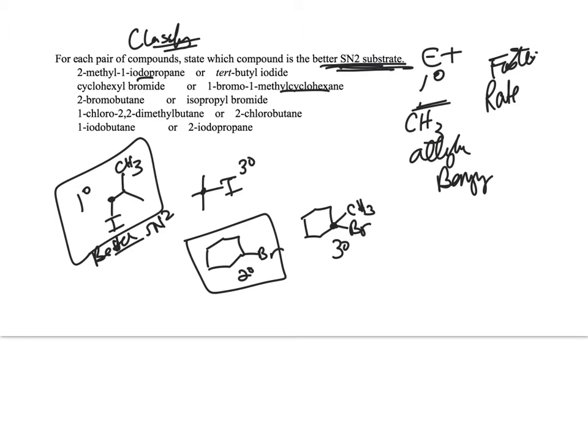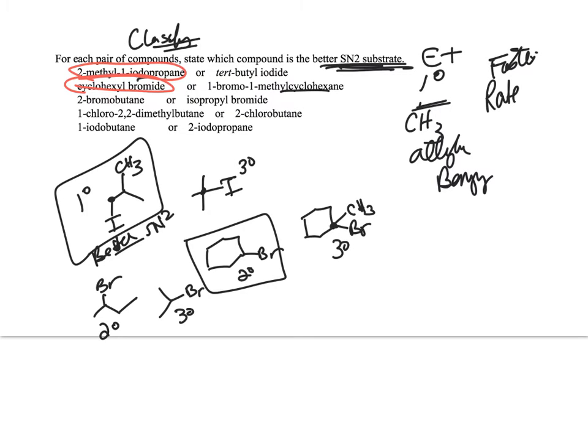Let me circle these. There's that one, and there's that one. 2-bromobutane, or isopropyl bromide. This is tertiary. This is secondary.